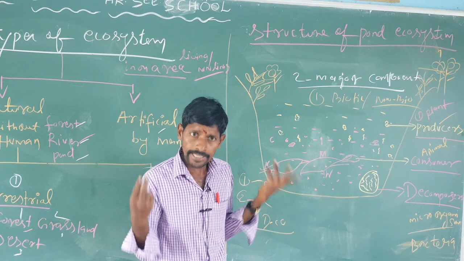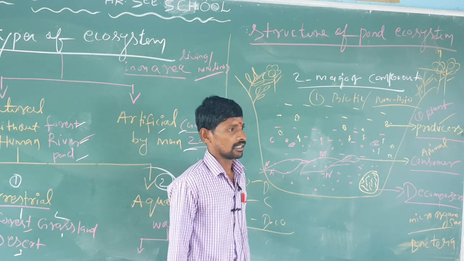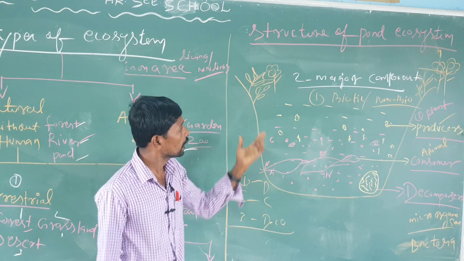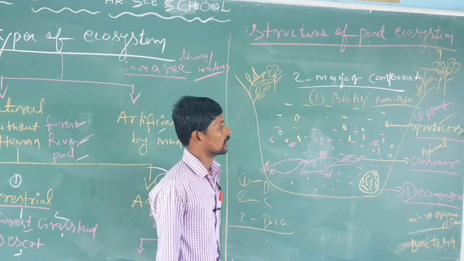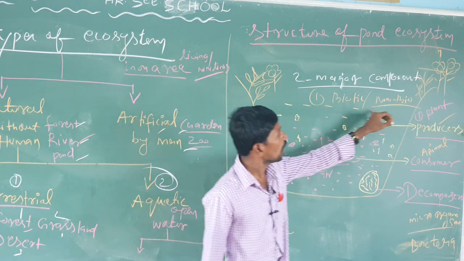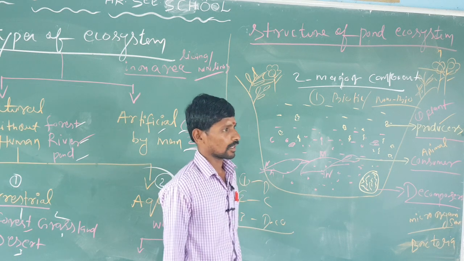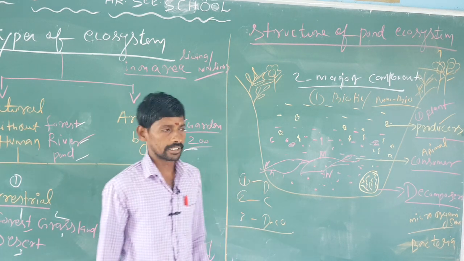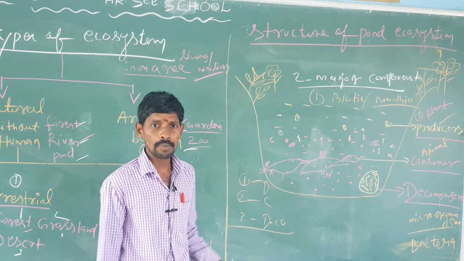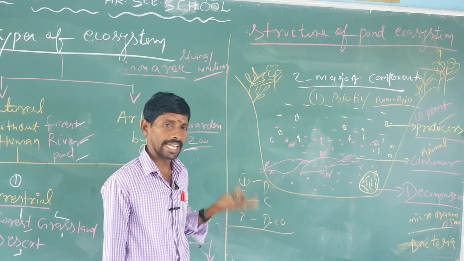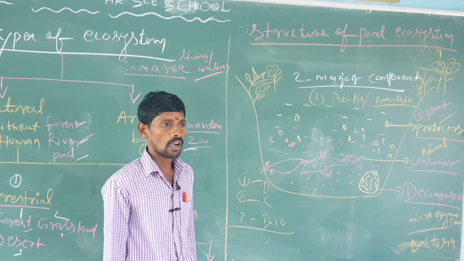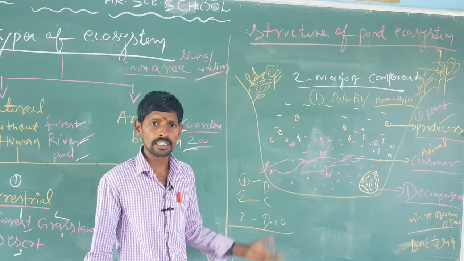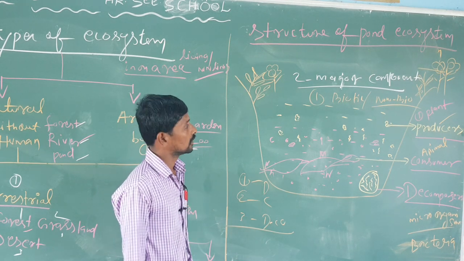Biotic means living things only: plants, animals, humans. All living things are biotic. Abiotic means non-living things, without living things. For example, water, air, sunlight, temperature, pH, or organic compounds.